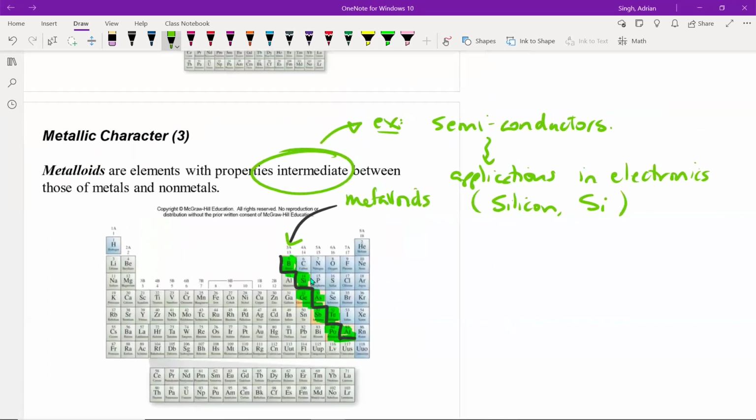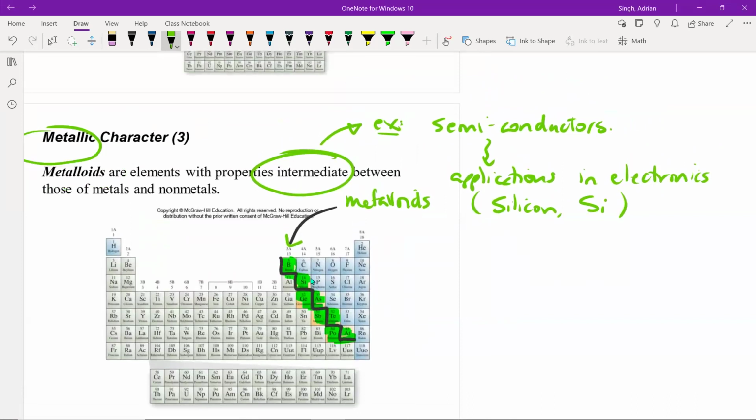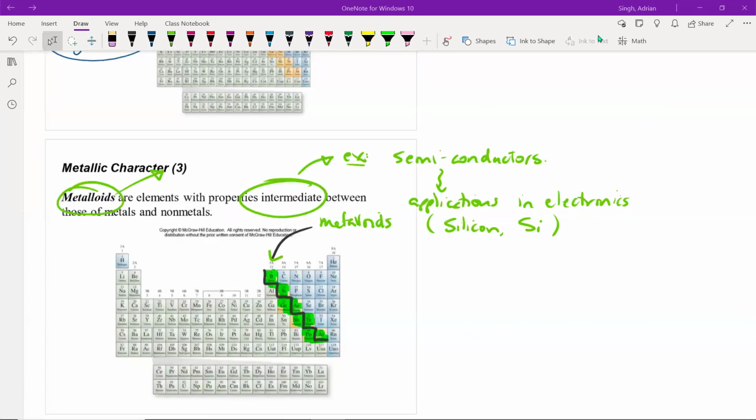Sometimes you will see another term being used interchangeably with your metalloids, and that term is semimetals. So semimetal would be another term used interchangeably with metalloids.